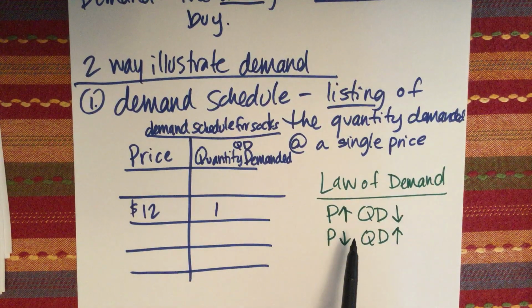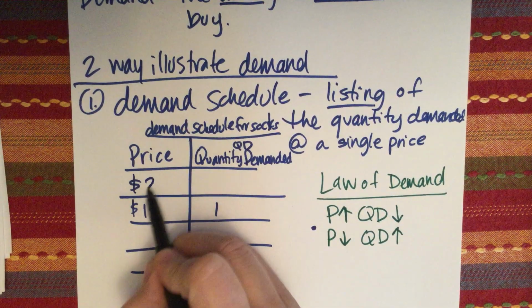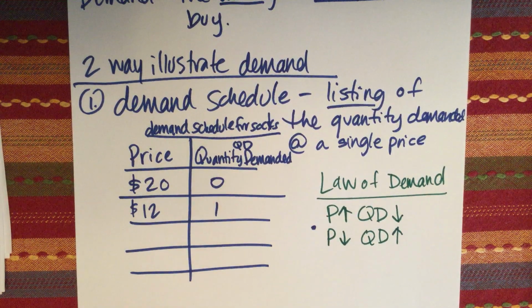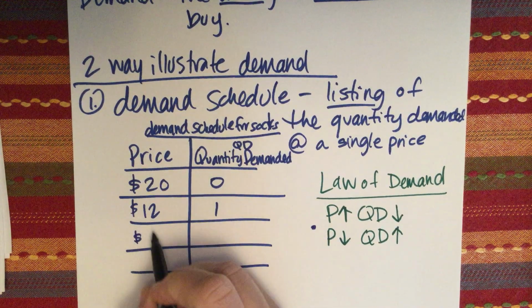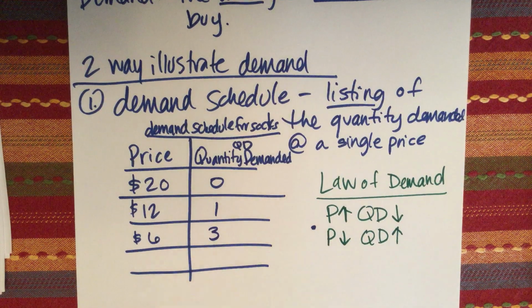So with this idea in mind, if the price of socks were more expensive, let's say $20, well, I'm not going to be willing, or maybe I'm not able, to buy any pairs of socks at that price. If the prices were a little bit lower, let's say at 50% off, well then maybe I'm more inclined to buy. If socks are $6 each, you know what, I'm going to buy 3 pairs.